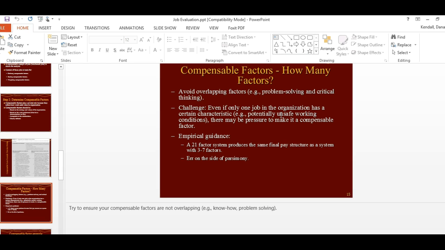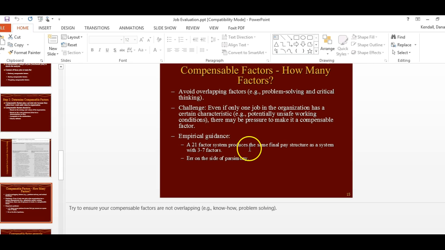I can't think of a really good example at this point, but the authors of the book note that there may be pressure to make this a compensable factor, like unsafe working conditions. And they say to try to avoid doing that. If there's only one position in the org and it's not filled by many people, then it probably shouldn't be a compensable factor. A compensable factor needs to span multiple positions across the org.